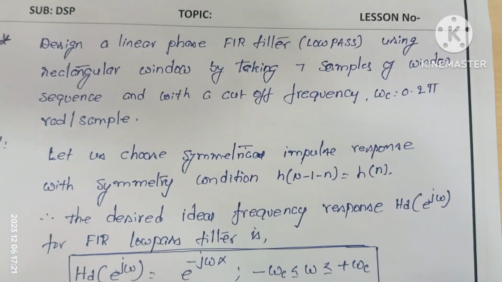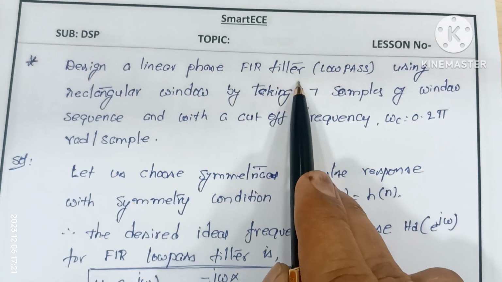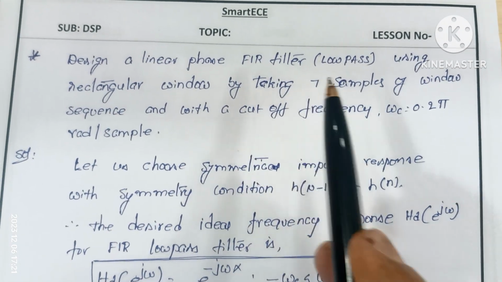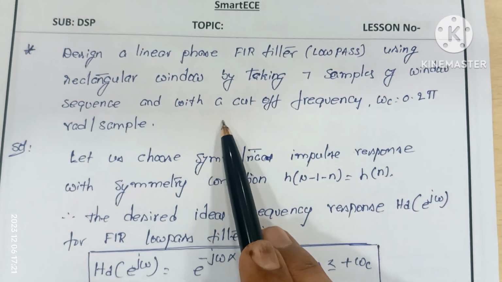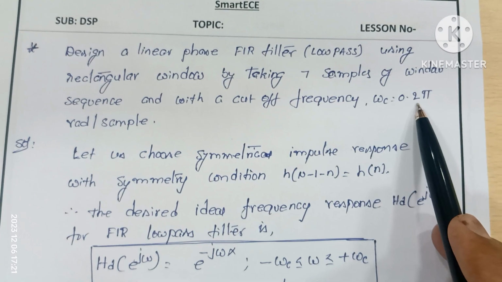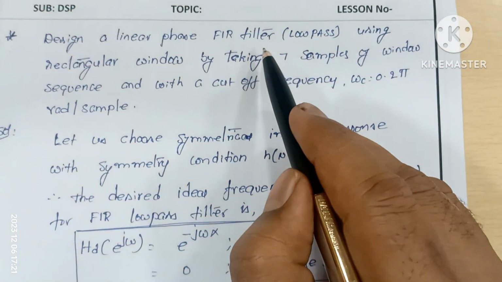Here is the problem: design a linear phase FIR low pass filter using rectangular window by taking 7 samples of window sequence and with a cutoff frequency omega c equal to 0.2 pi radians per sample. Try to understand.